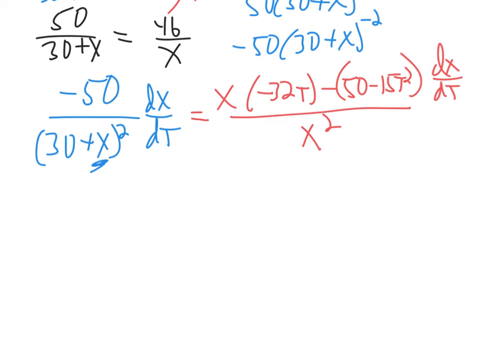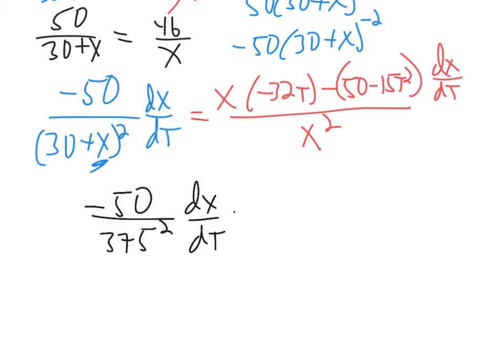So I've got negative 50 over, x was 345, so 30 plus 345 is 375, and I have to square that, and there's a dx/dt here. On the right-hand side, I know t equals 1/2, so 1/2 times negative 32 is negative 16.